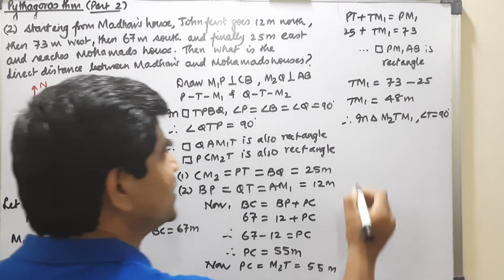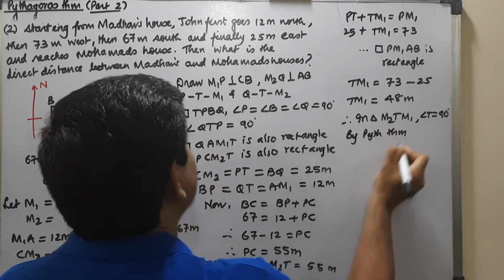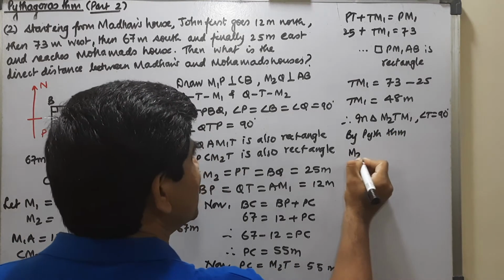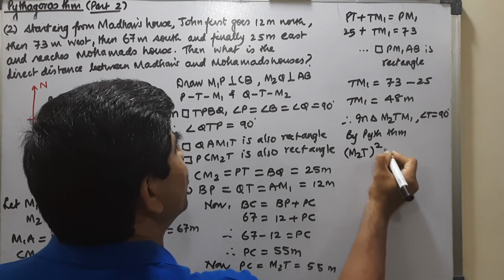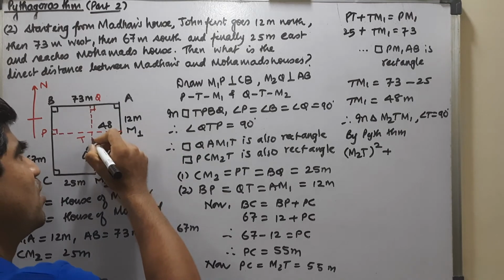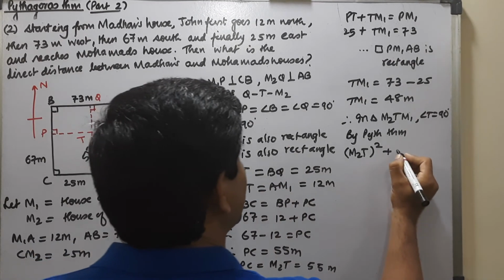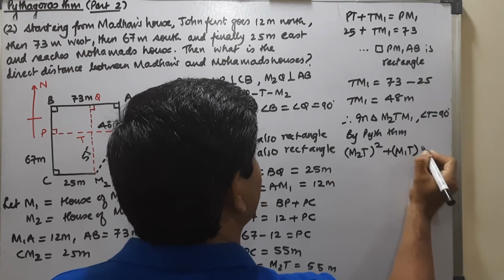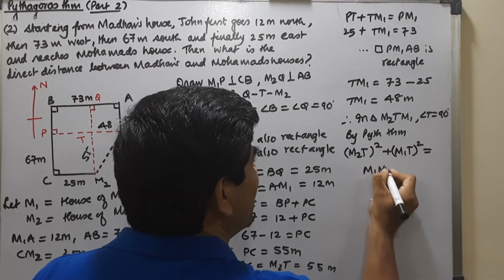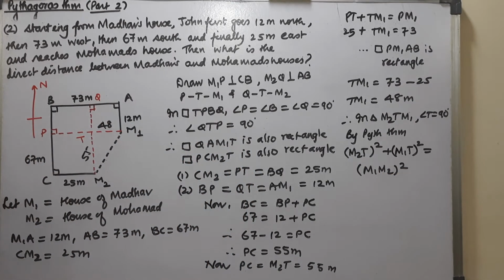So by Pythagoras theorem, what I have here is M2T the whole square, which is forming one side of the right angle, and this is another side, that is M1T the whole square, is equal to M1M2 the whole square, right?